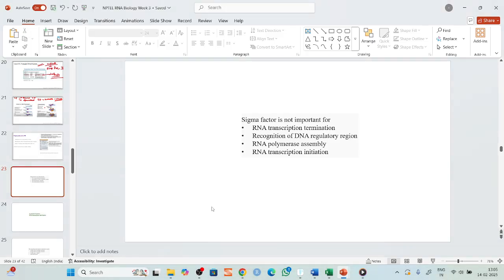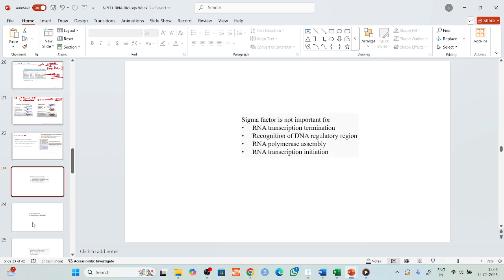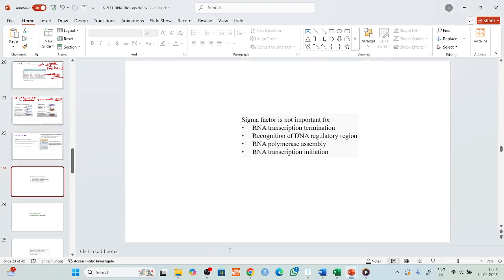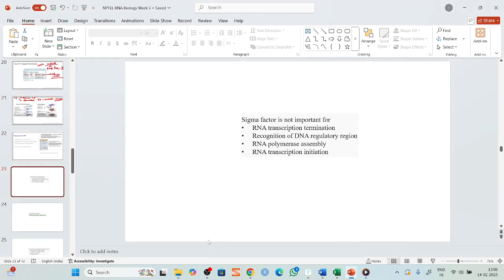Okay, so I'm switching the screen now. The correct answer is RNA transcription termination. The question was, sigma factor is not required or not important for RNA transcription termination, recognition of DNA regulatory region, RNA polymerase assembly, or RNA transcription initiation.